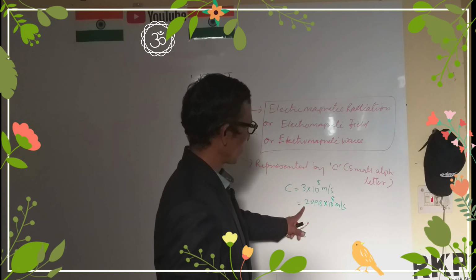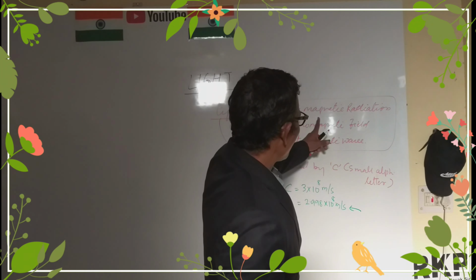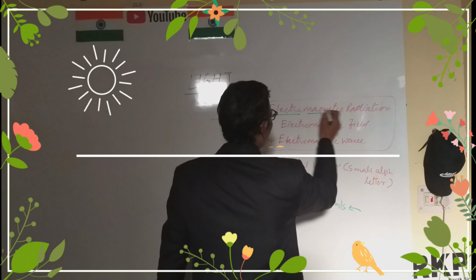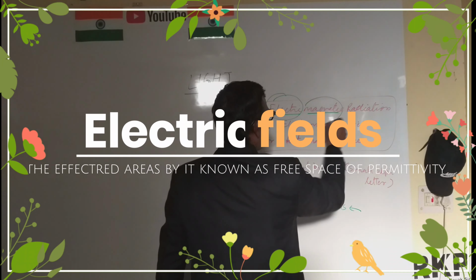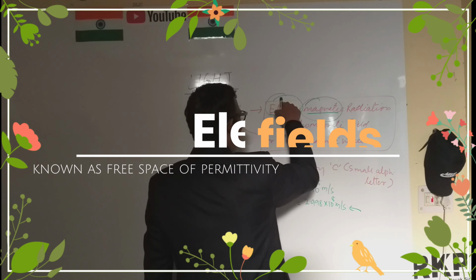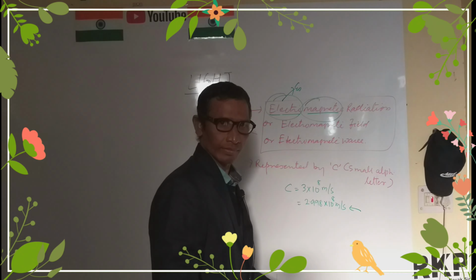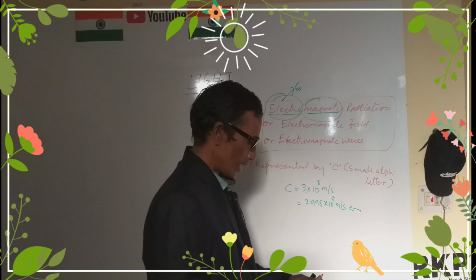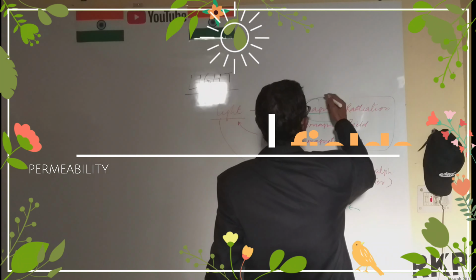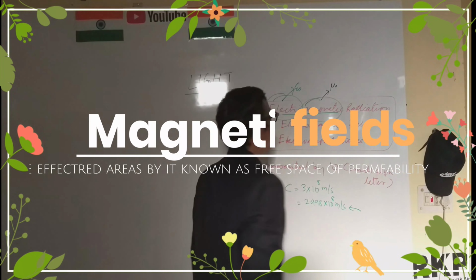It comes from the relation between electric and magnetic fields. The affected area of the electric field is called the permittivity of free space, and the affected area of the magnetic field is called mu.